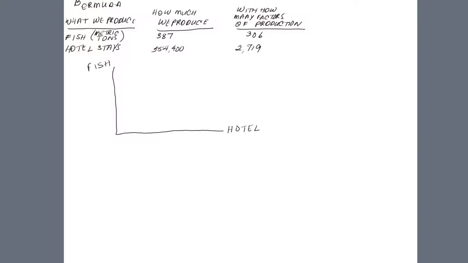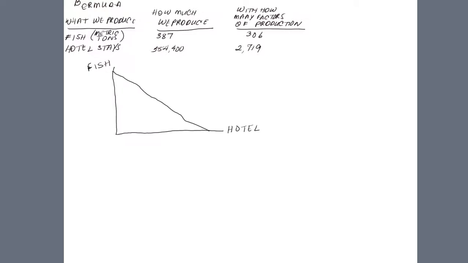And so I'm just going to give you a general review of where we're trying to go. I don't know if this is the production possibility frontier for this problem. But the production possibility frontier looks like a line or a curve linking the two axes. And everywhere on this line, we have all the combinations of fish and hotel stays that our economy is able to produce at maximum.